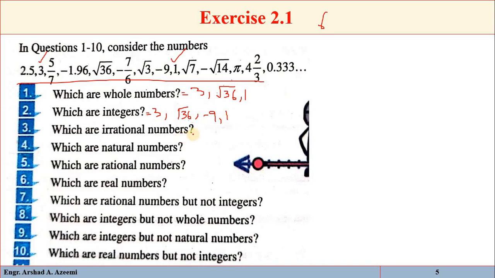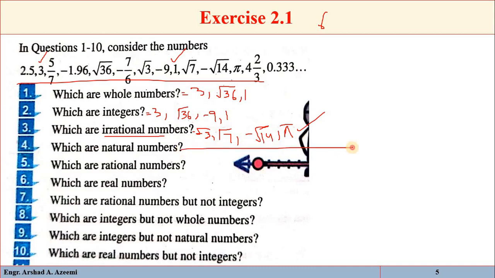Which are the irrational numbers? The irrational numbers will be non-recurring and non-terminating numbers. Here we have under root 3, under root 7, minus under root 14, and pi. If you look into the nature of these numbers, these are non-terminating and non-recurring numbers. So these are the irrational numbers.